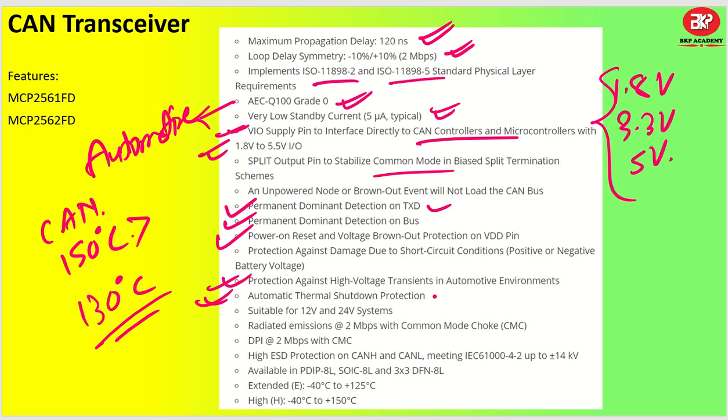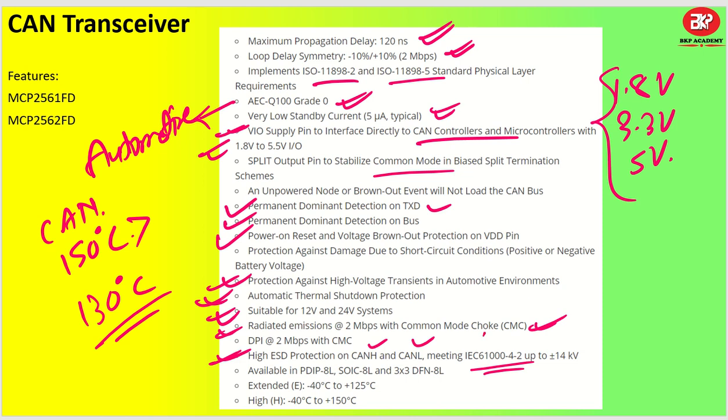The very good thing is this particular CAN transceiver IC is very suitable for 12 volt and 24 volt system applications. Radiated emission at 2 Mbps with common mode choke is there, and it has DPI at 2 Mbps with CMC, common mode choke. It has high ESD protection on the CAN high and CAN low lines, meeting IEC 61000-4-2.